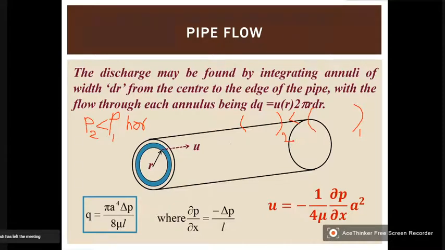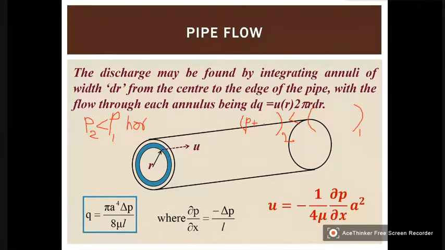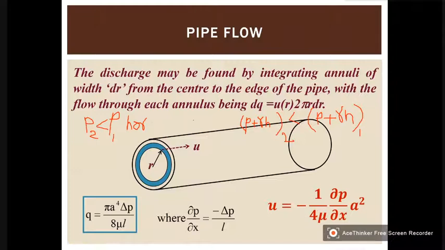You are all not following. P is to be replaced by P plus gamma H. So this is for an inclined pipe.